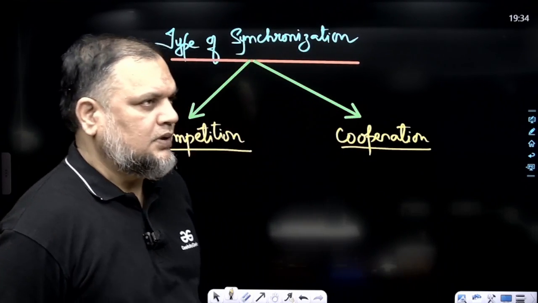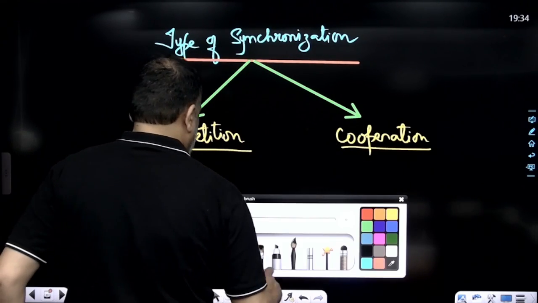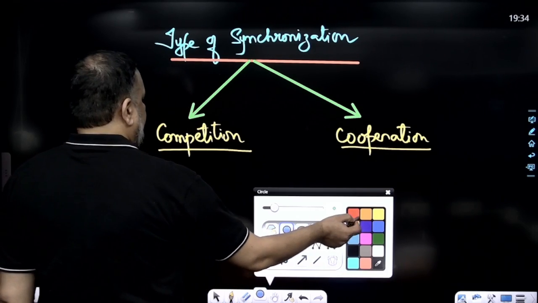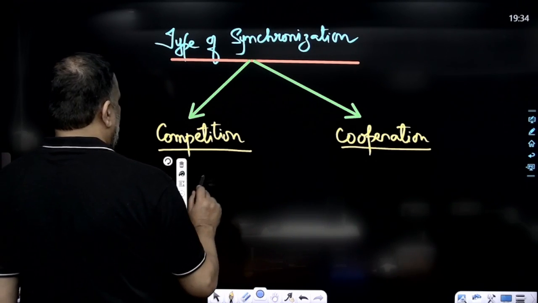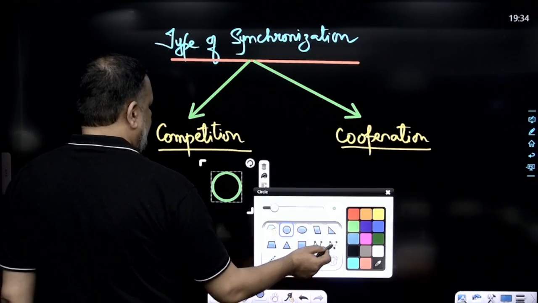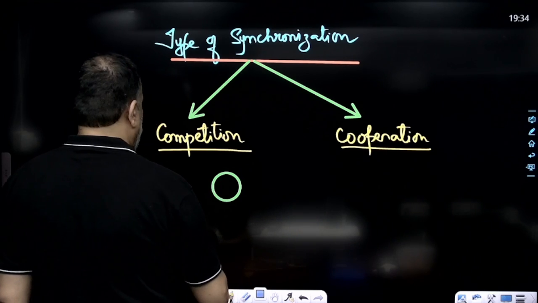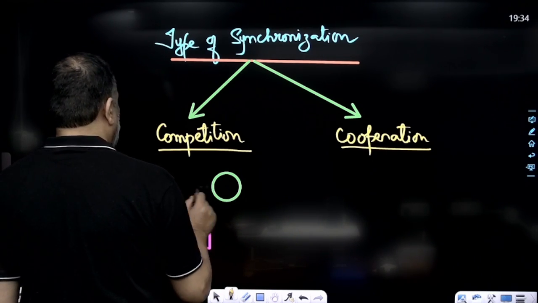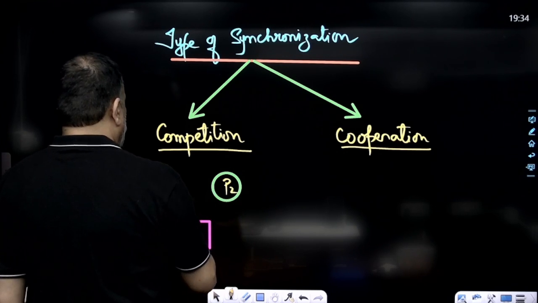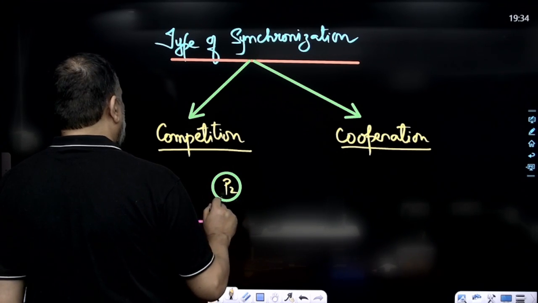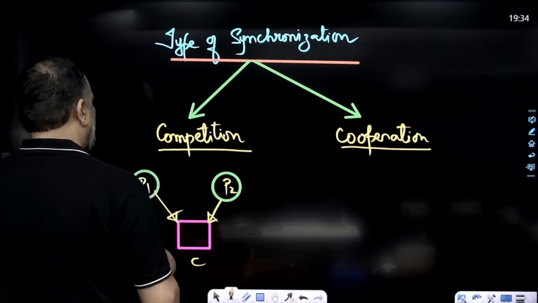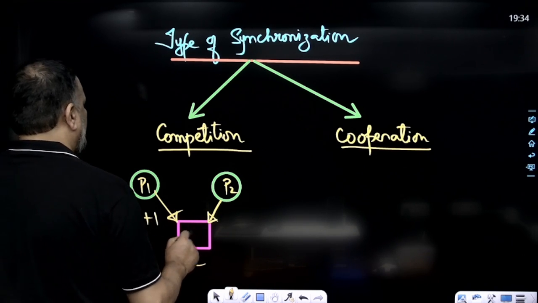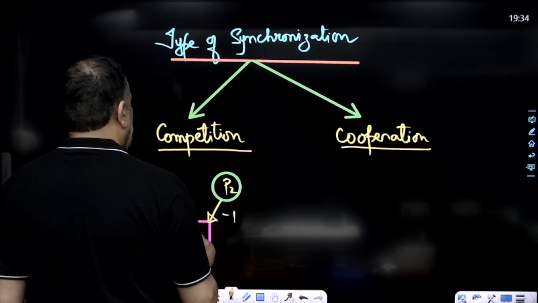Like for example, a simple example of competition. I have 2 processes, process P1, process P2, and they are accessing a shared variable C. Process P1 wants to make an update and process P2 also wishes to make an update. This process wants to increment the value by 1, this process wants to decrement the value by 1.